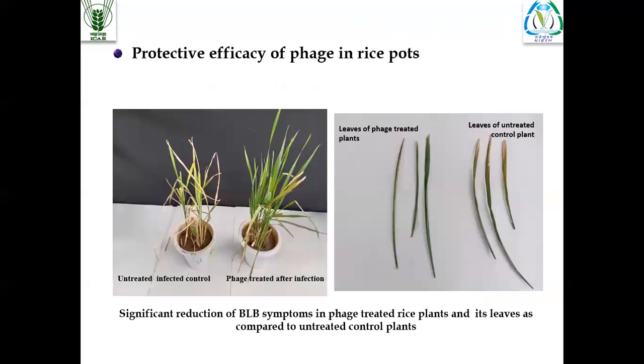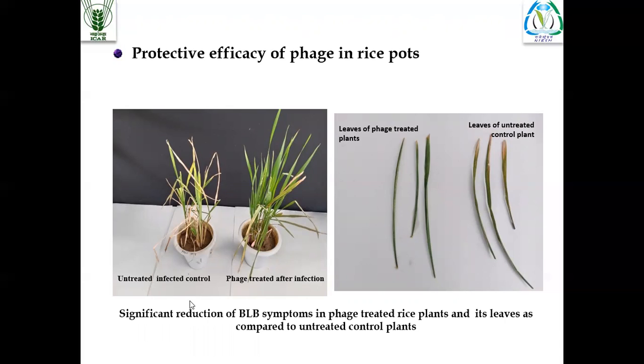For the phage efficacy trial, to test protective efficacy in rice pots, rice plants were infected with BLB pathogens, and one group of rice plants was kept as untreated control, whereas another group of plants was treated with phage preparations, and both groups were observed daily for 14 days.